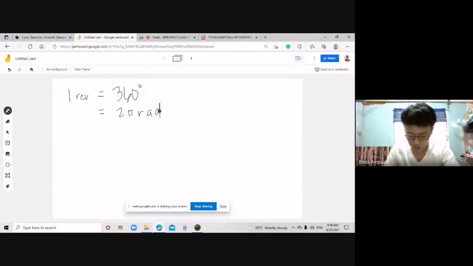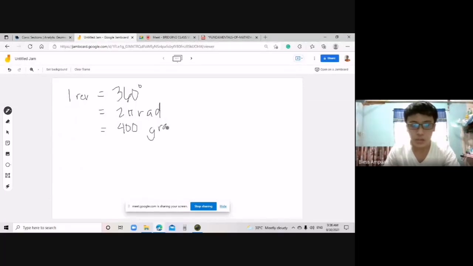So also, there are some other conversions. 1 revolution is also equal to 400 radian. Okay, so 400 radian.